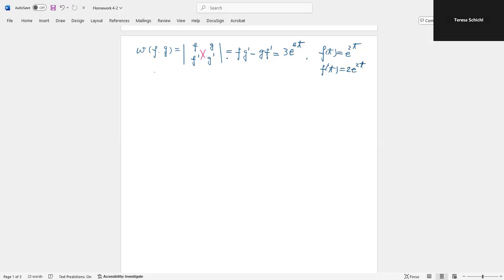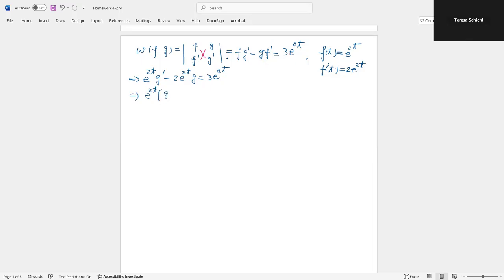Okay, so let's use the Wronskian here. f times g prime is e^(2t) times g prime, minus f prime, which is 2e^(2t), times g, is equal to 3e^(4t). Now both terms on the left-hand side have e^(2t), so let's take the e^(2t) out.